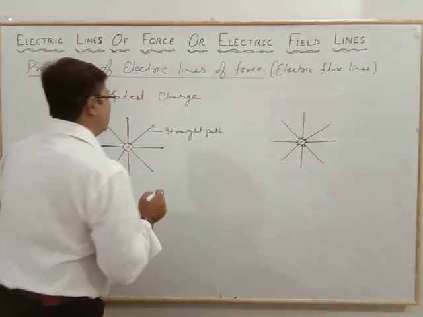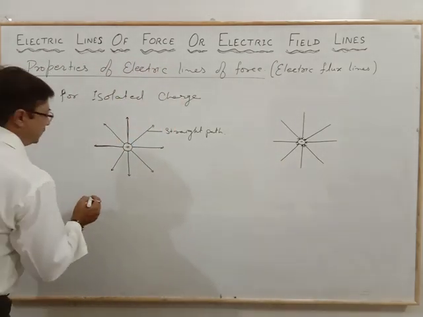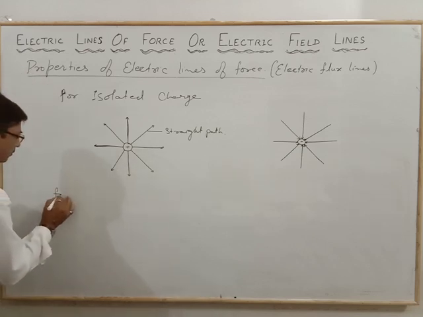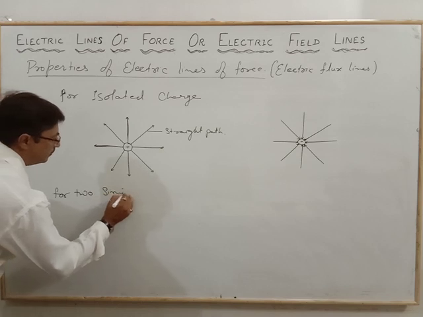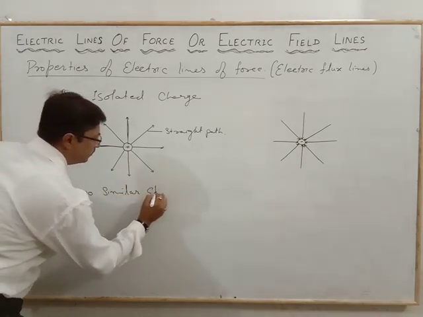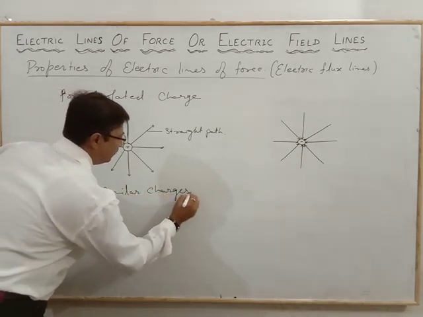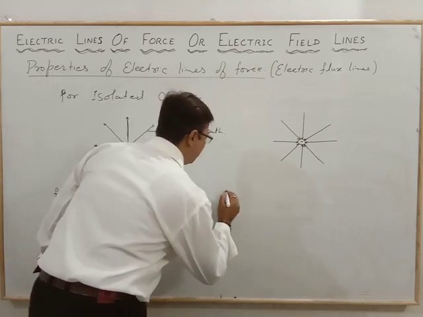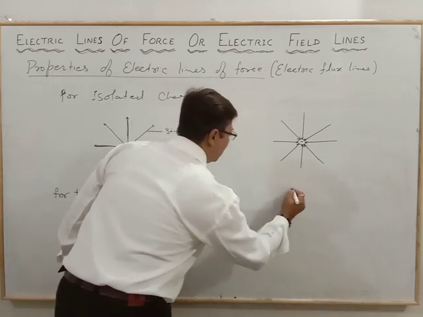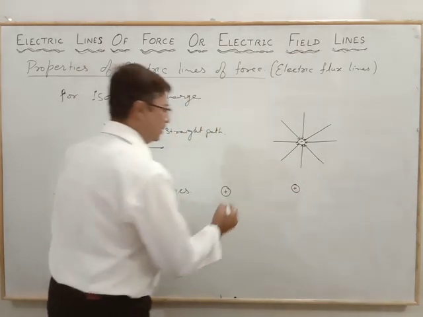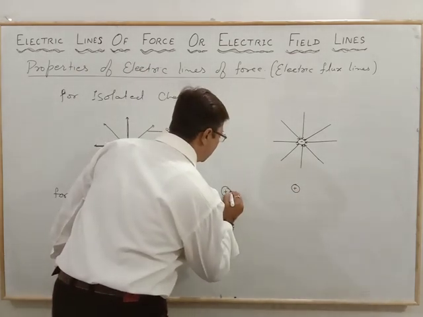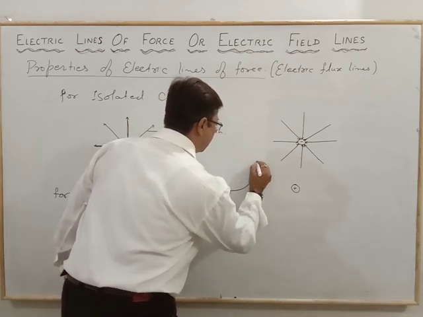Now for two similar charges, in that case the electric field lines produce a neutral point. Either for the positive, it will generate like this.